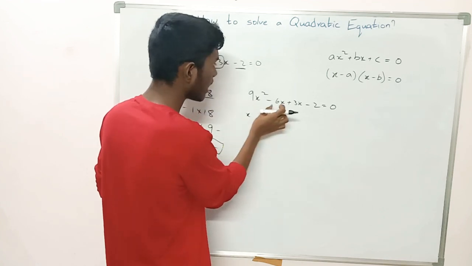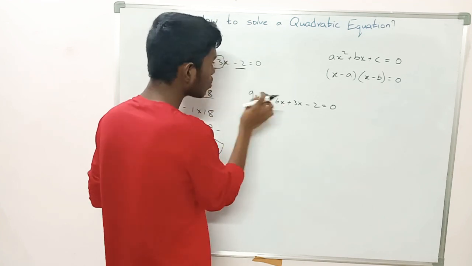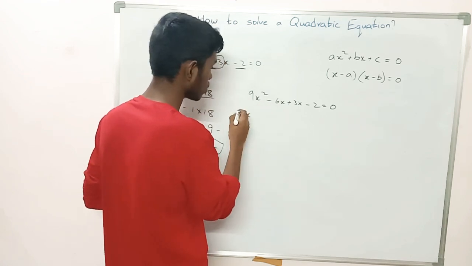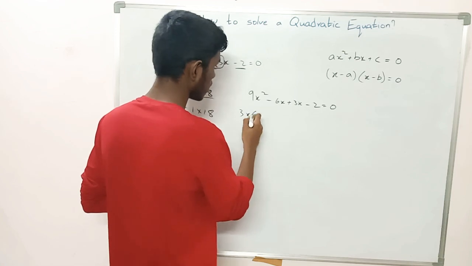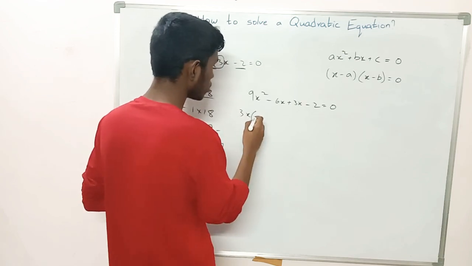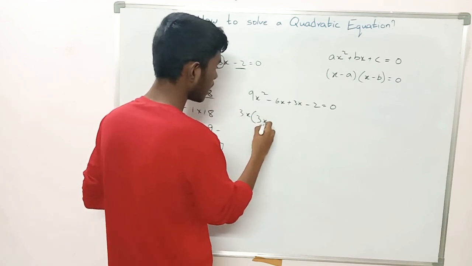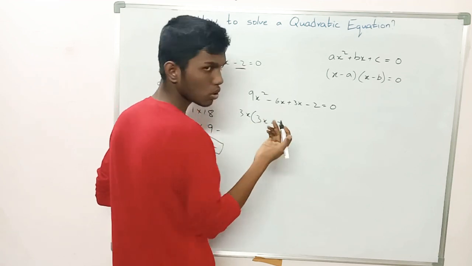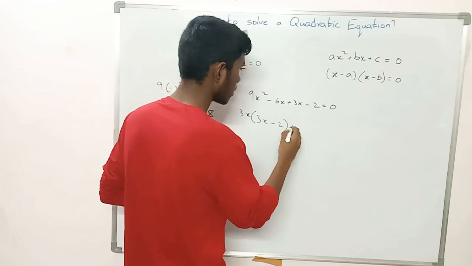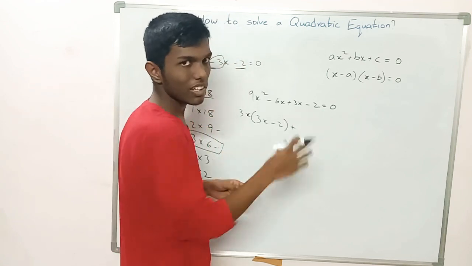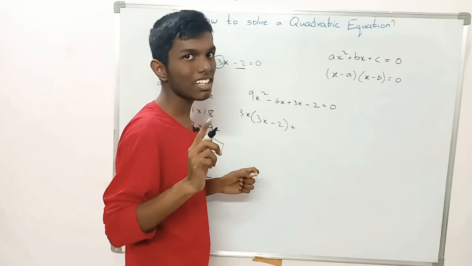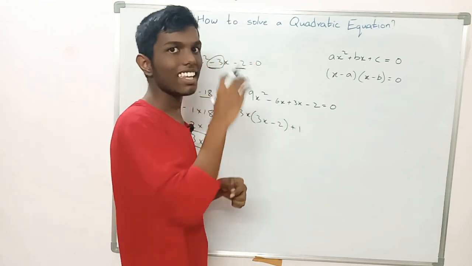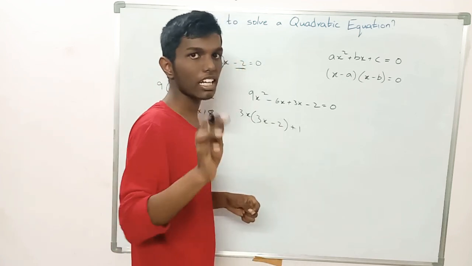And 9 and 6: by default we know that 3 twos are 6 and 3 threes are 9. So 3 is common. Taking out the common, 3 into 3 is 9, remaining is x, minus 3 into 2 is 6, x common, so as it is, plus. In this one we don't have anything in common, but we have the ultimate number, number 1. In any expression, number 1 can be taken out as common.